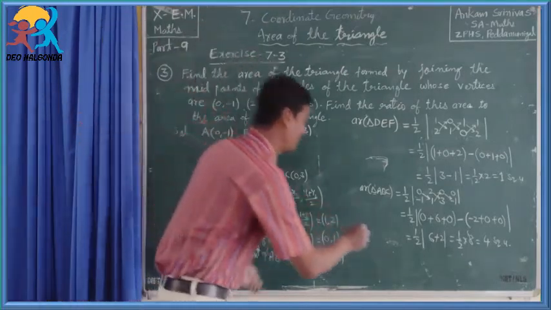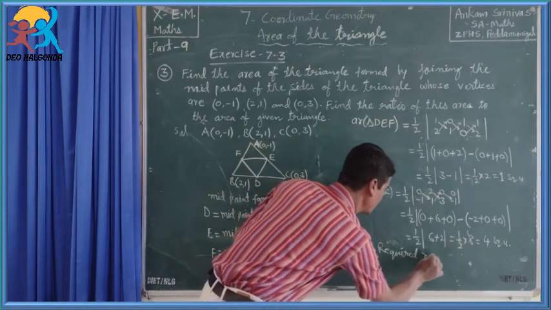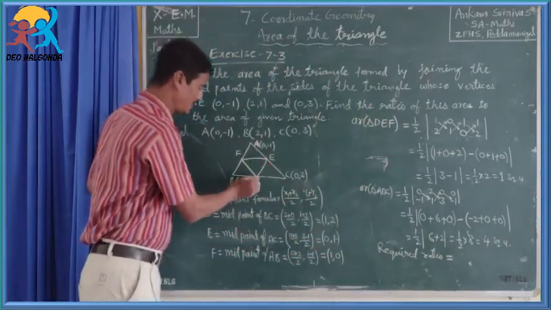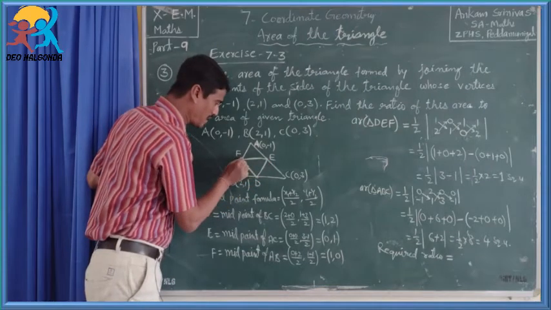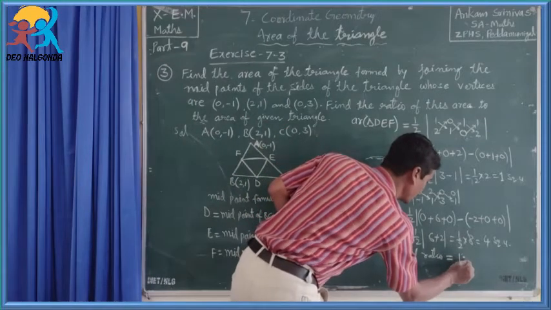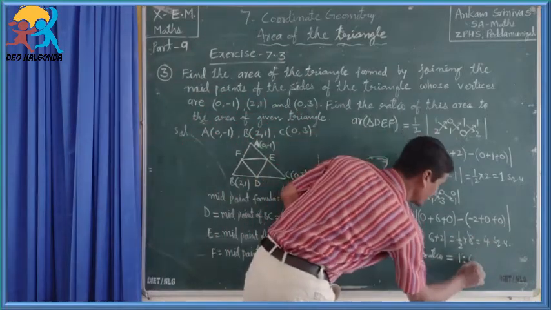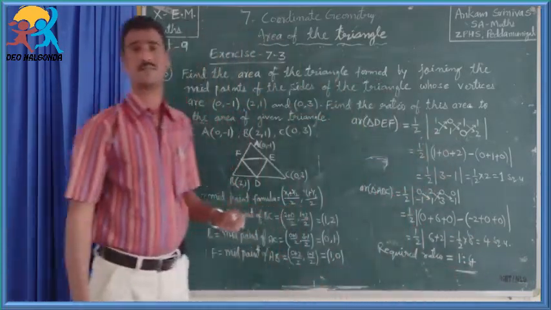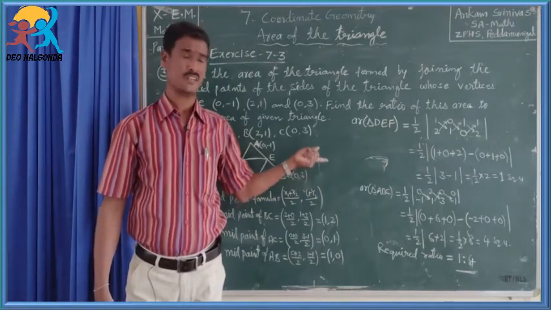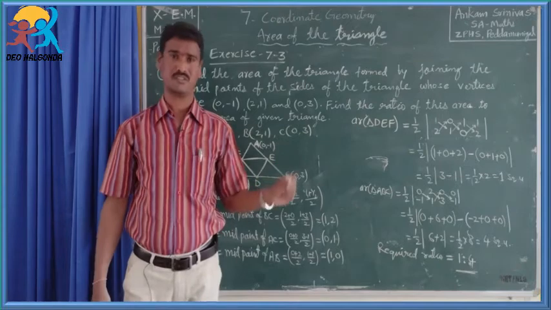So the required ratio equals 1 is to 4. So, dear children, the area of the triangle formed by the midpoints of the sides of a triangle to the given triangle is always 1 is to 4.